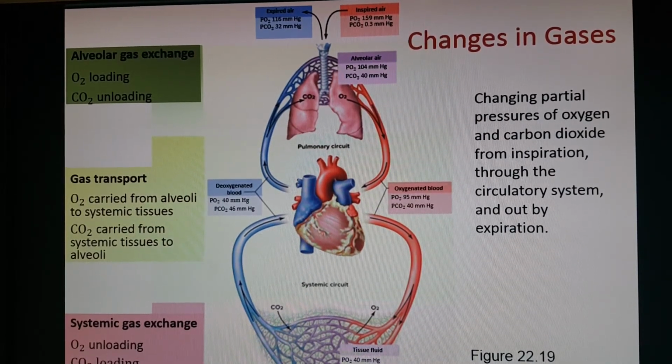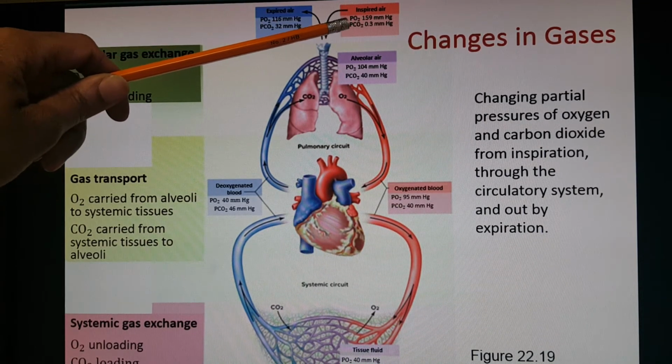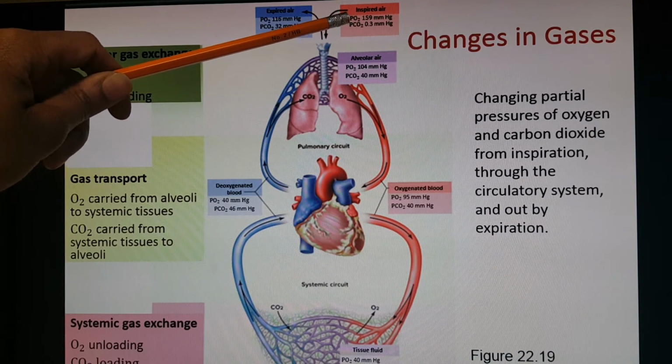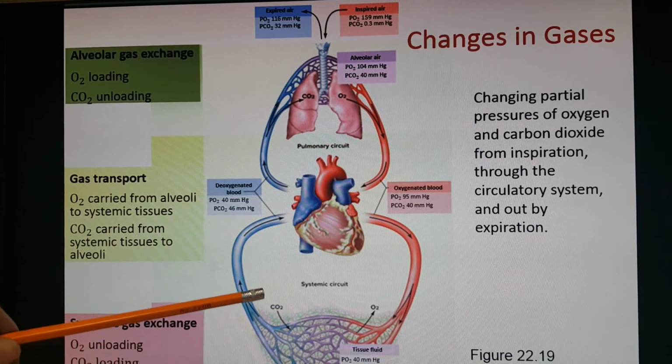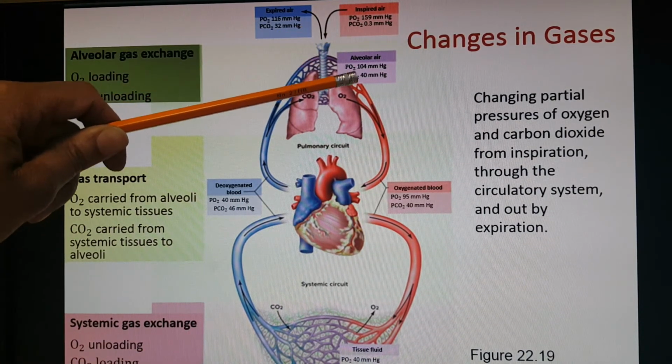So during systemic gas exchange, where you unload the oxygen that you've breathed in and load carbon dioxide from the tissues, the partial pressures of your oxygen and carbon dioxide change as you go through your entire system, from your inspired, or breathed in, air.